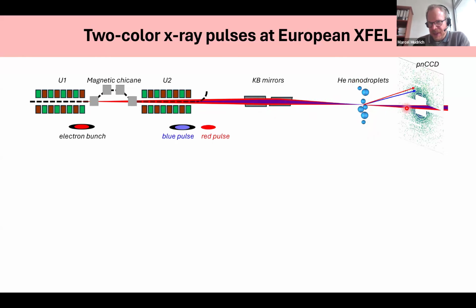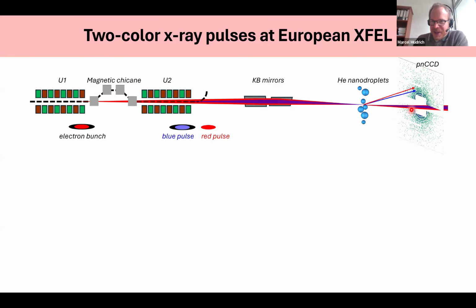So at the end of the beamline, we had an X-ray pnCCD detector, it's called. It's just a variant of a CCD detector, so essentially a camera, that records the scattered light from individual helium droplets. Of course, there has to be a hole in the middle of this CCD camera because the very intense X-ray beam of X-ray pulses that travels through would immediately drill a hole in the camera.